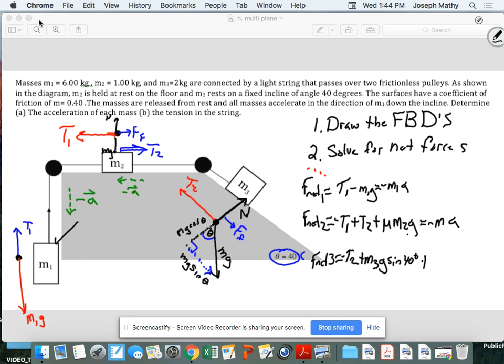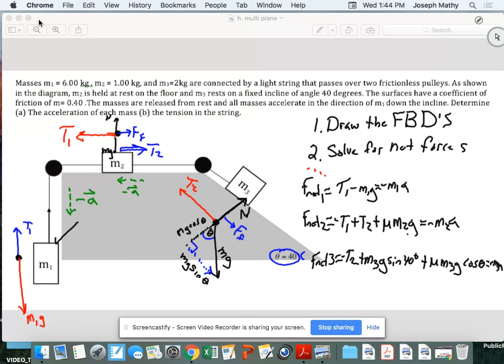And then we're going to add to it mu M3G cosine theta. What do you mean mg3 cosine theta? Well, that equals negative M3A, negative M2A, negative M1A.